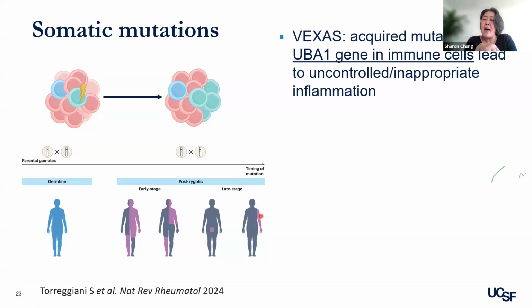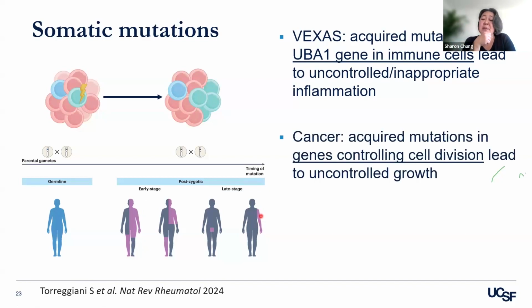The idea of somatic mutations causing a disease is actually not new. It's actually the same mechanism that develops in cancer. So what happens in cancer is that at some point in our lives, we acquire a mutation in genes that control cell division.